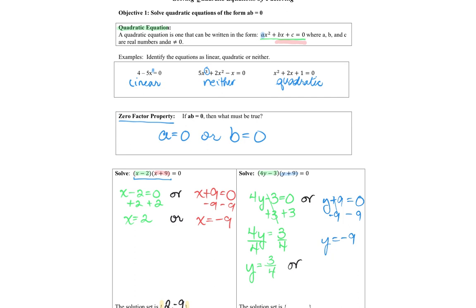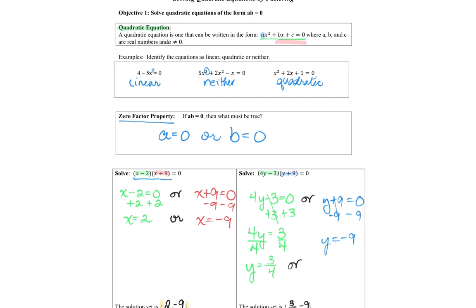So my solution set includes those two solutions, 3/4, comma, negative 9.